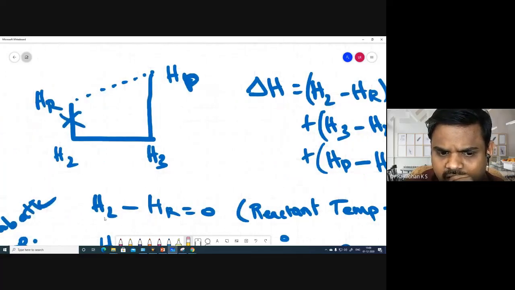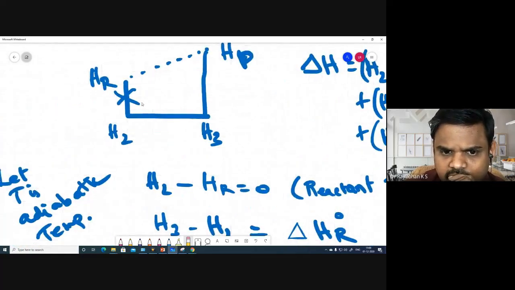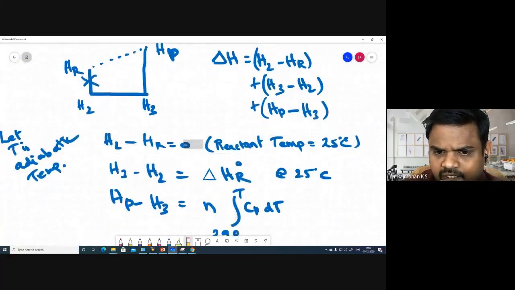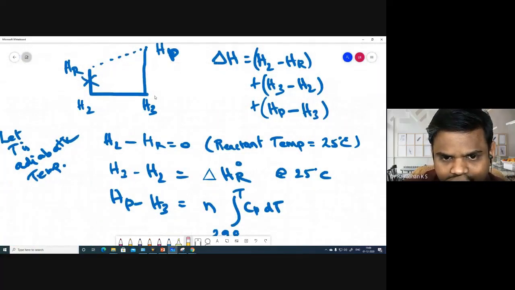So here the first term is 0. H2 minus HR is 0 because the reactants are entering at 25 degrees Celsius. Then what is H3 minus H2? That is the reaction, where the reaction is taking place with no change of temperature. So it is delta H of reaction naught at 25 degrees Celsius, which is given per mole.